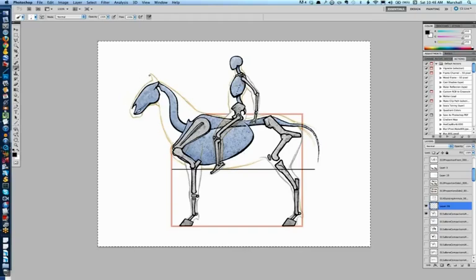We could say that the length of the head on a horse, well, that length, the height of this square, is about 2 and 2/3, or about 3 of those lengths. 2 and 2/3 is more typical.